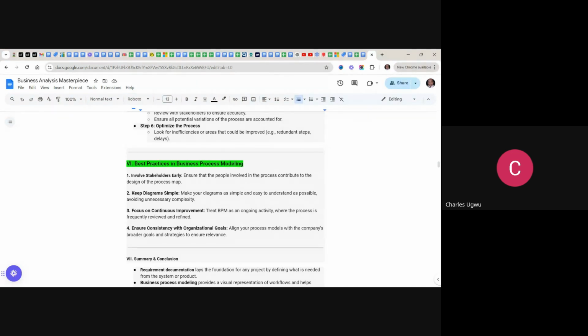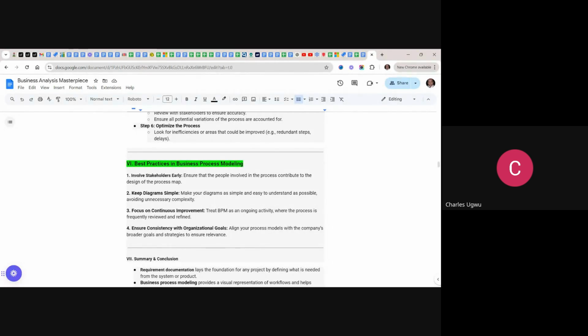It might not really be the project sponsor at this point. For instance, if you are trying to model a process in the sales department, for instance, if you are trying to understand the lead management within the sales department, we have to understand the key players within that process.